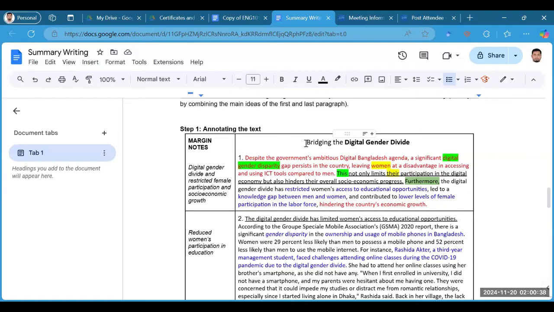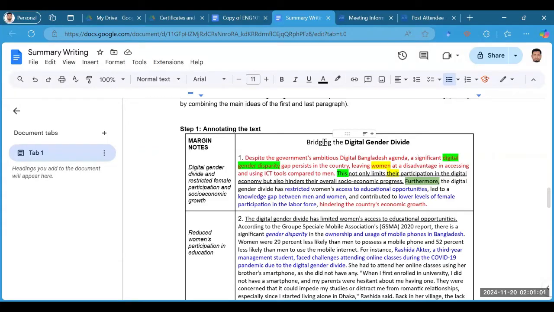And the writer is discussing how to bridge them. Bridge means to connect, or fill out the gap. So this text is probably going to be about how the gender gap based on digital facilities could be bridged or linked.